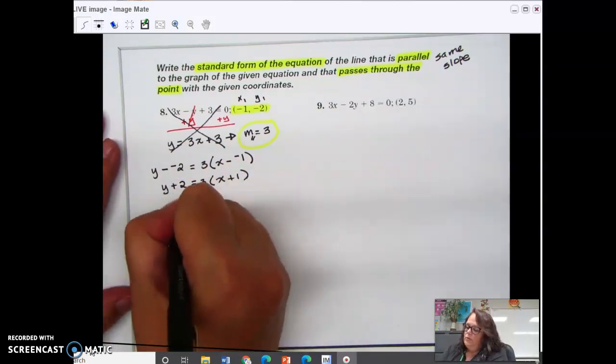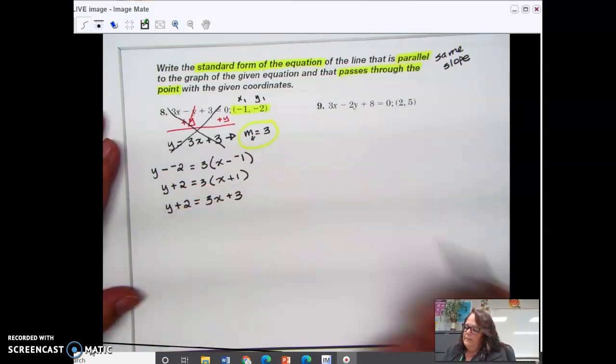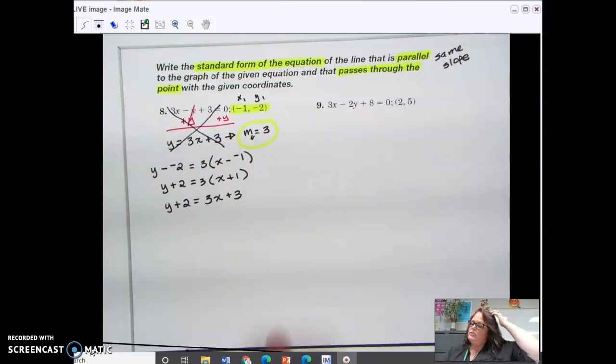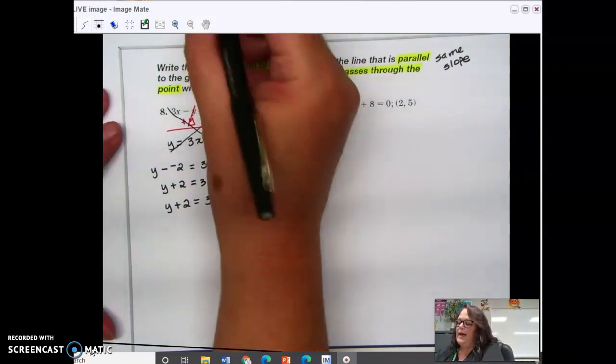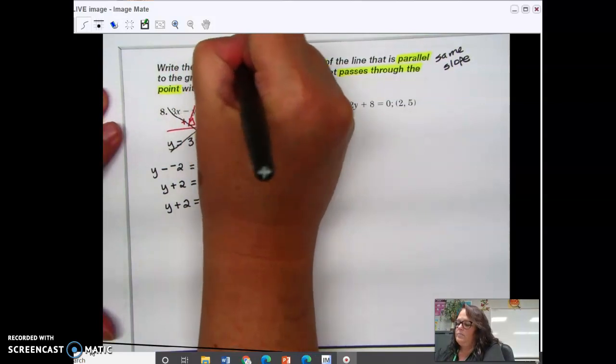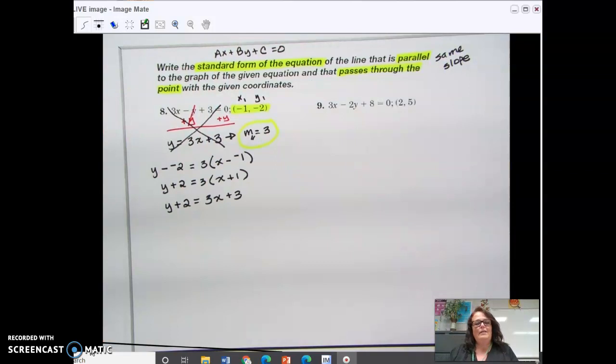So if I distribute the 3, we get y plus 2 is equal to 3x plus 3. Now, again, let's go back. It says standard form of the equation. So remember that was ax plus by plus c equal to 0, where we didn't have any fractions or decimals, and the first coefficient had to be positive.